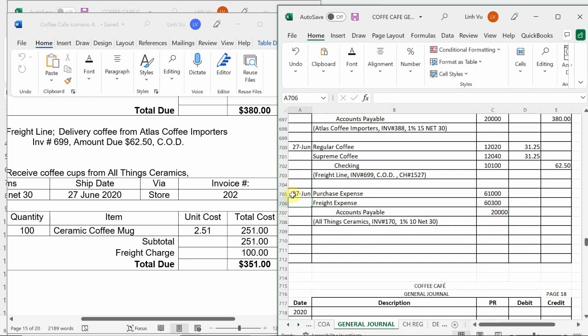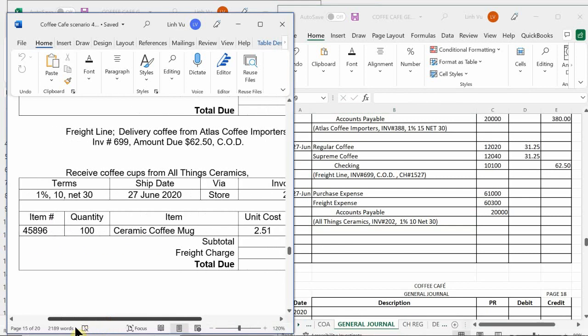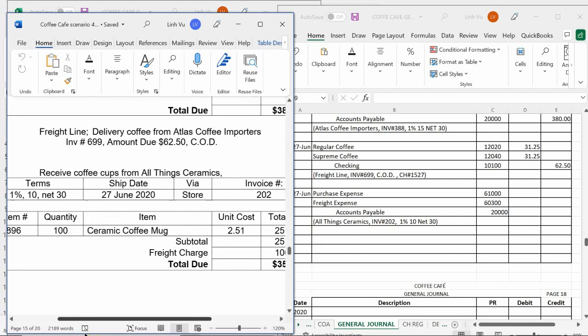Okay, so this was invoice number 202. And they still give us the same discount, 1%, 10, net 30, so the same terms.